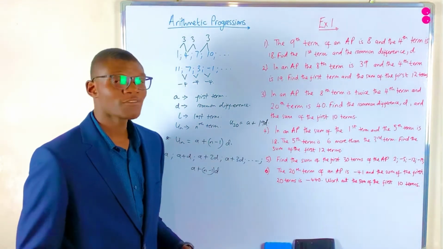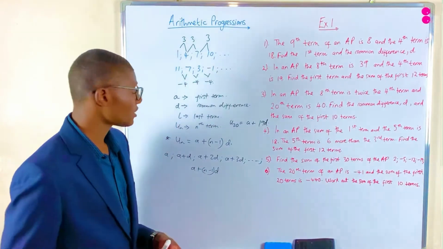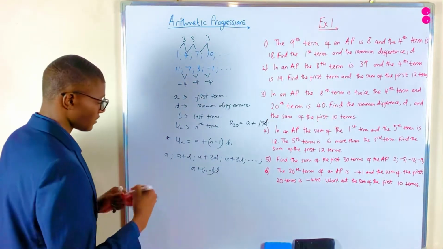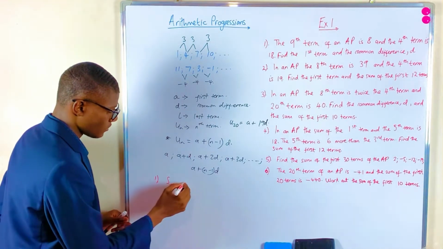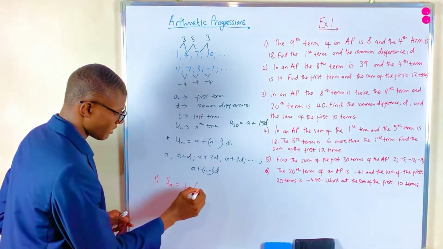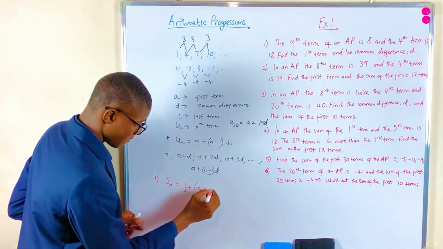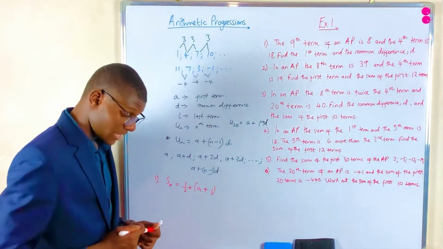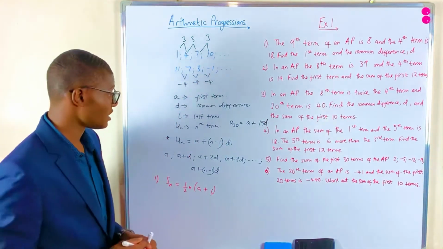Now for finding the sum of n terms, we've got two formulae that we use. The first one, for the sum S n, is 1 over 2 multiplied by n, multiplied by a plus l. Remember, l is the last term, a is the first term, and n is the number of terms.